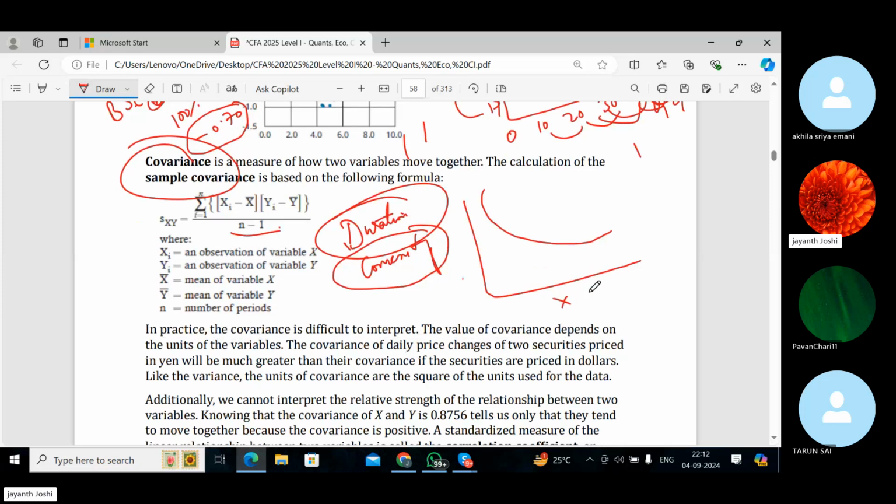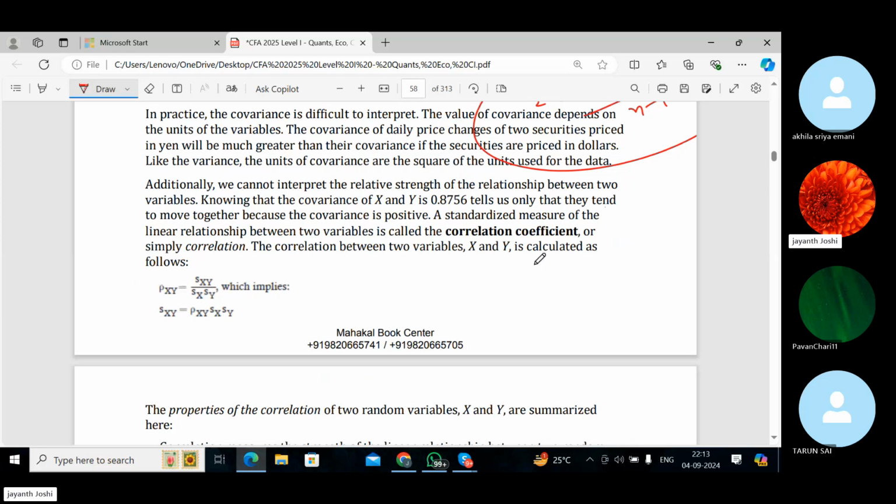Summation of X minus X bar into Y minus Y bar, whole divided by n minus 1. So I wanted to give you live data and explain this. So this is the formula. When you get an answer for this formula, let's say the covariance number is 5. That will only tell you about the direction in which the stocks are moving, that means X and Y, right?